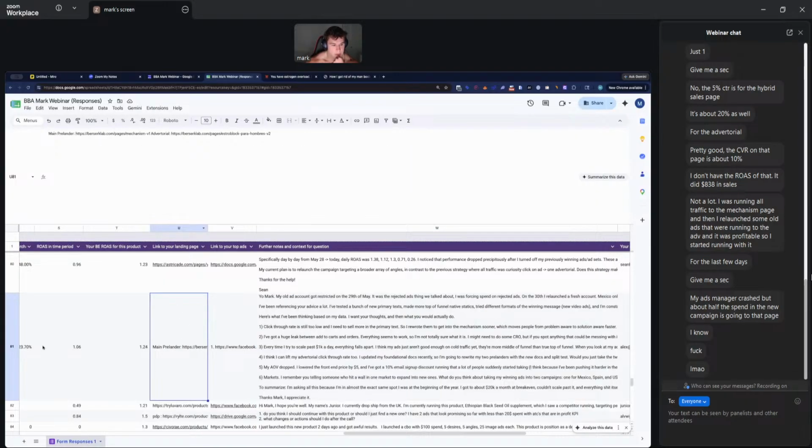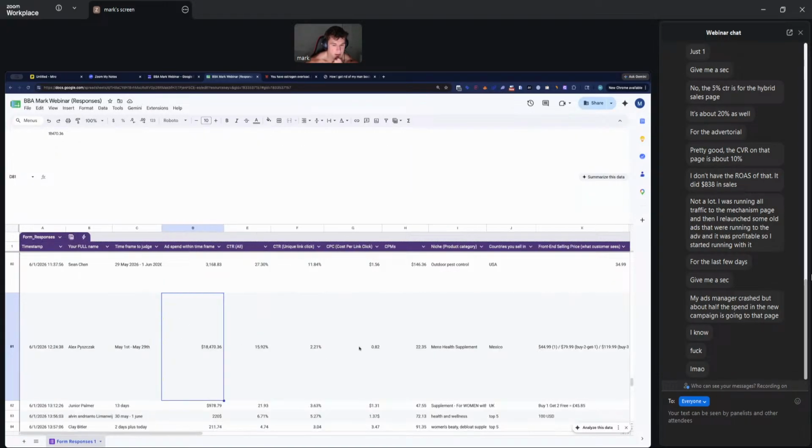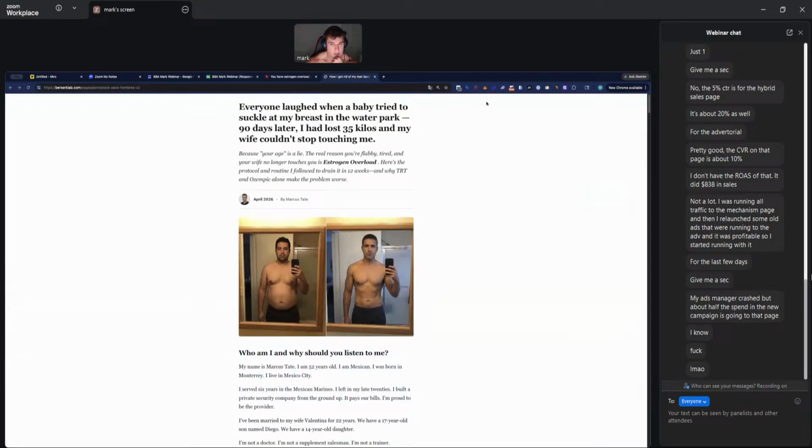Okay, Alex, for time purposes, I have to move on, but I have a feeling that the advertorial funnel you wrote, this one, may actually be your most profitable funnel, and you're not funneling enough spend to it.